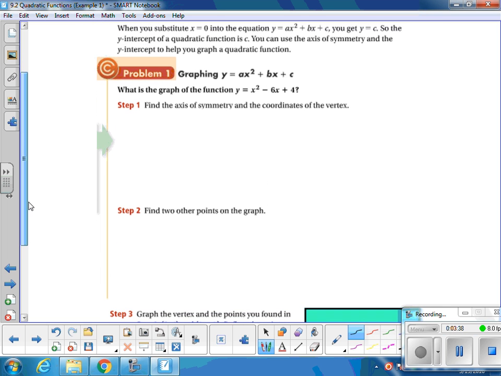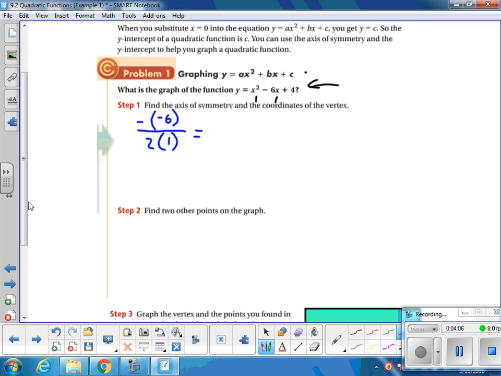Okay, when we're graphing y equals in this format, let's take a look at this guy. Okay, so find the axis of symmetry. One of the first things I need to do, I'm going to take my a term and my b term, and I'm going to go ahead and do that. So I'm going to find the negative of my b term, which is negative 6, over double my a term, which is 1.